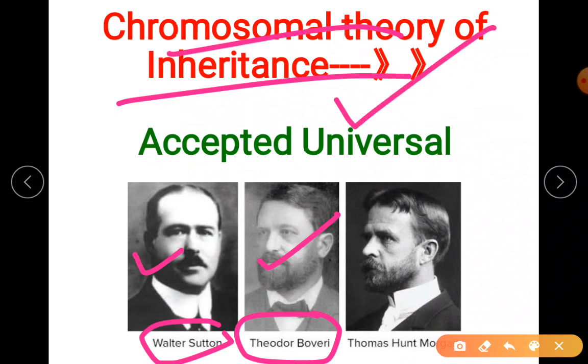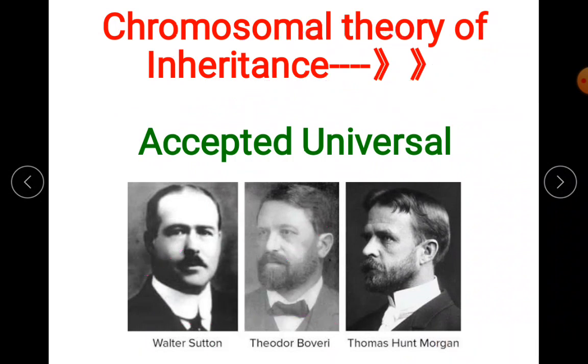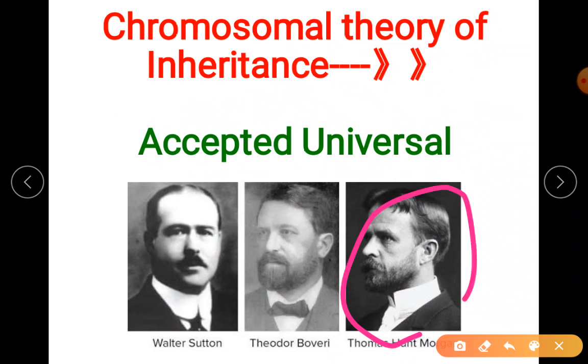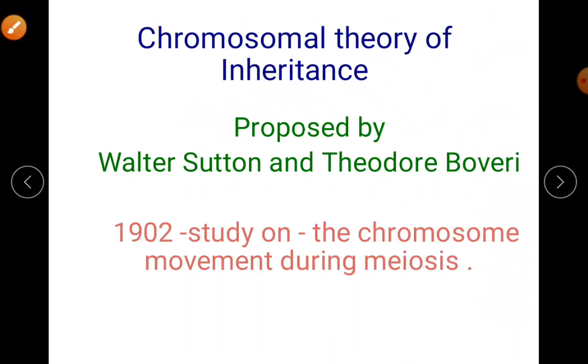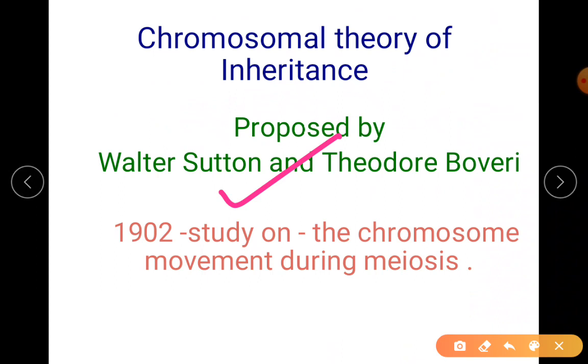Mendel's theory is always an important step for basics. Okay, now this person I've kept here, he'll come a bit later. Okay, so chromosomal theory proposed by Walter Sutton and Theodore Boveri. Remember, chromosomal theory of inheritance is also called as Sutton and Boveri theory of inheritance.